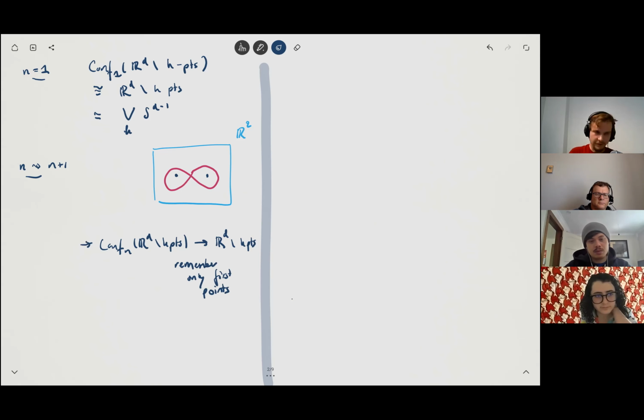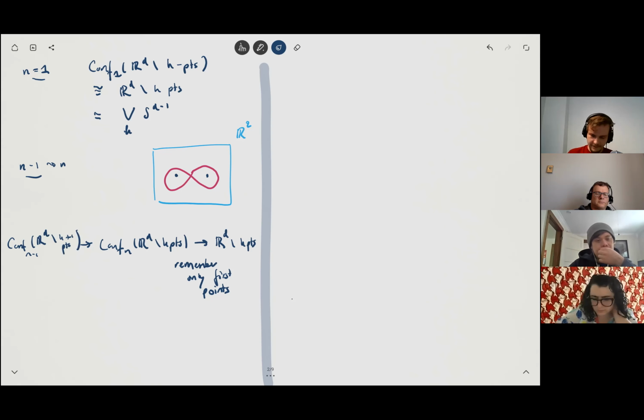Well, the fiber is all places where you can put the remaining n minus 1 points. So I guess I'm doing the induction from n minus 1 to n. That's the fiber.